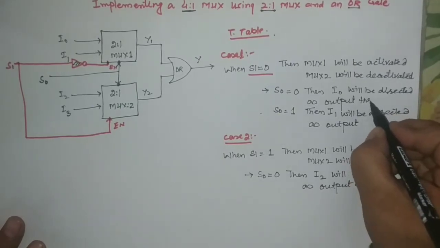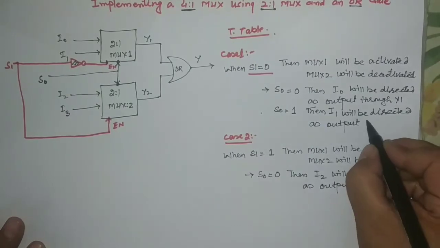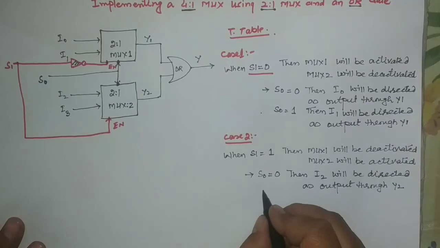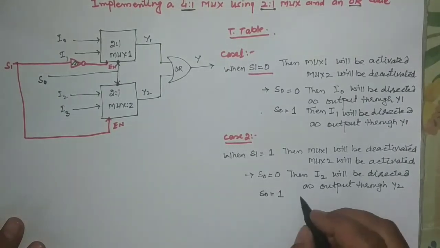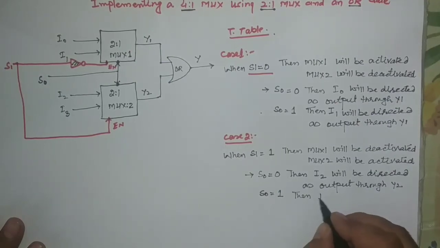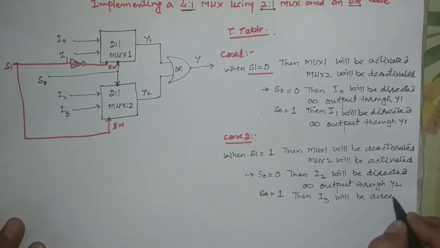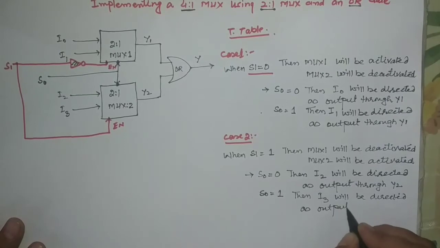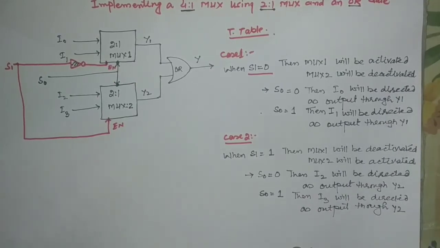Here through Y1, and this also through Y1. So when S0 is equal to 1, then obviously I3 will be directed as output through Y2.